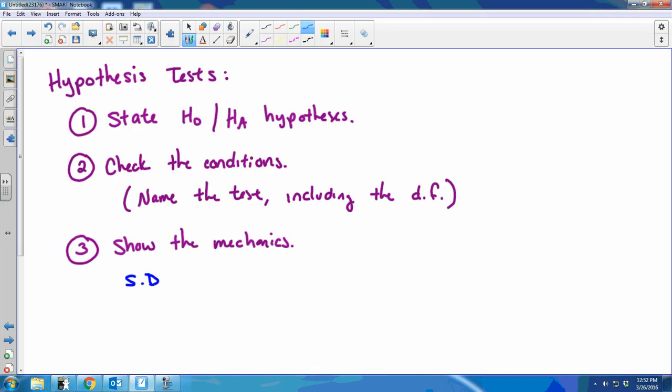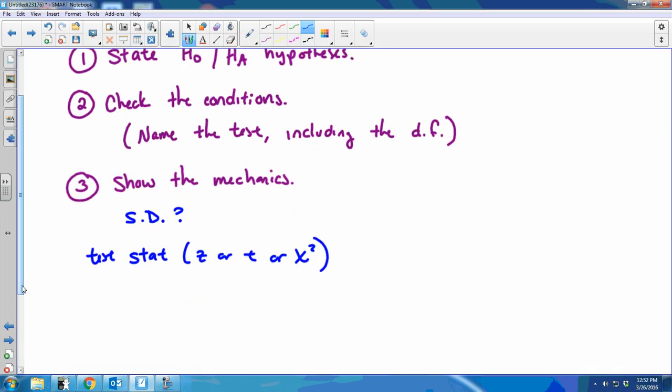How did you find the standard deviation? Formula on the AP formula sheet, probably. How did you find your test statistic? So z or t or chi-square. All right, there's formulas for that. And then what's your p-value? Okay, you have all of those things.